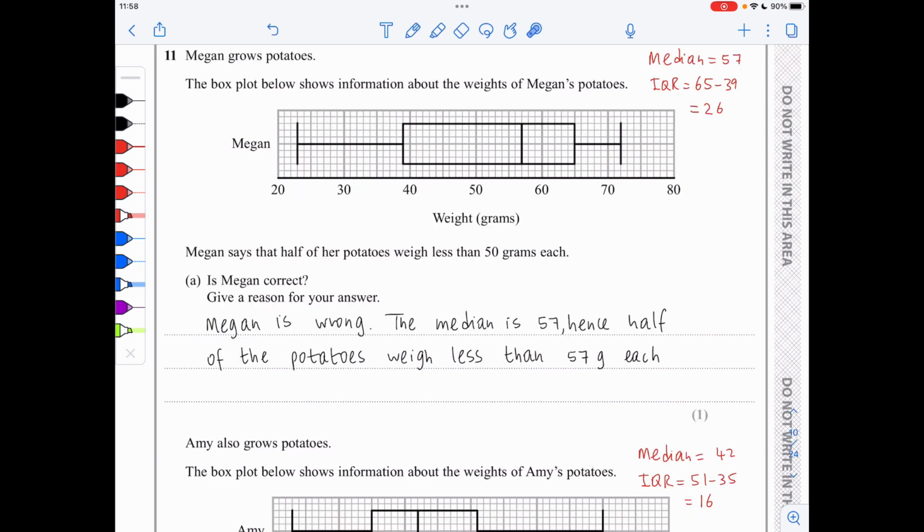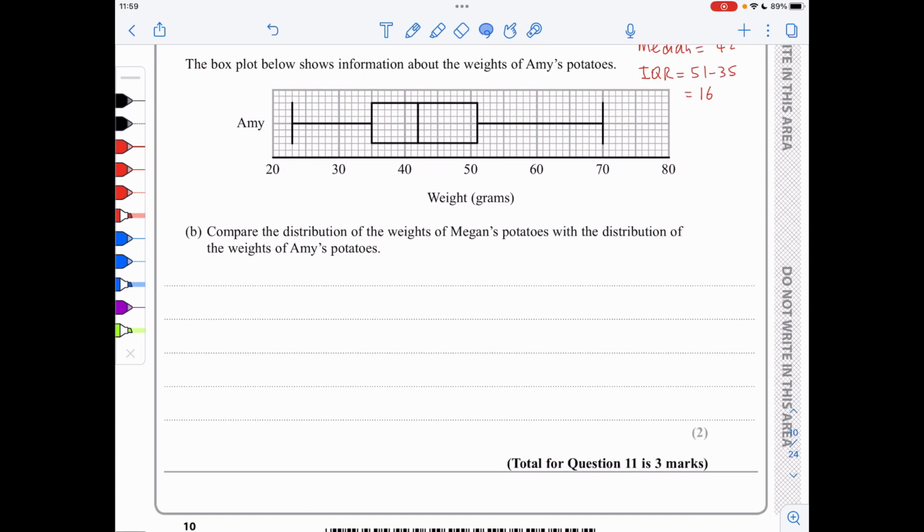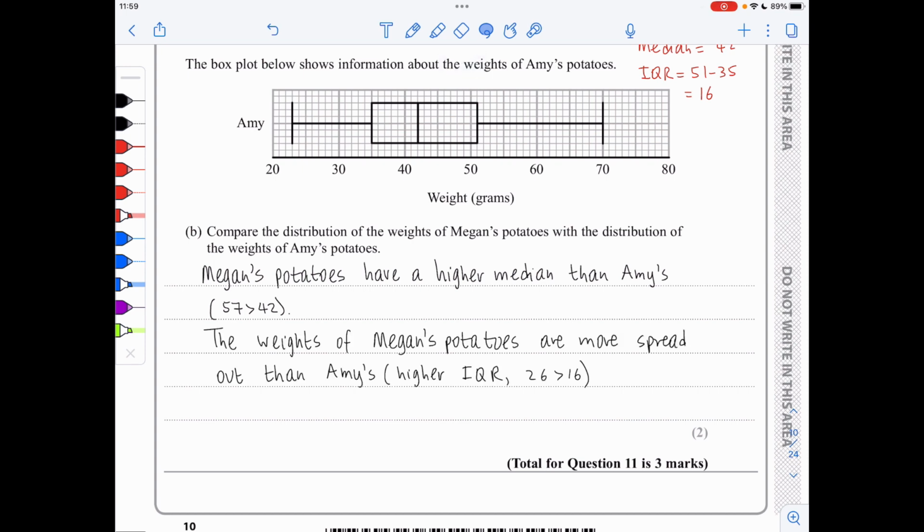So we know that the median for Megan is greater than Amy's, and the interquartile range for Megan is greater than the interquartile range for Amy. So one thing we could say is that Megan's potatoes have a higher median than Amy's because 57 is greater than 42, and also that the weights of Megan's potatoes are more spread out as they have a higher interquartile range. 26 is greater than 16.